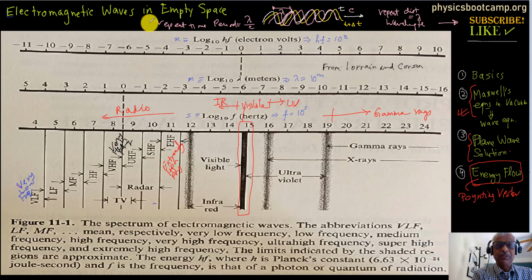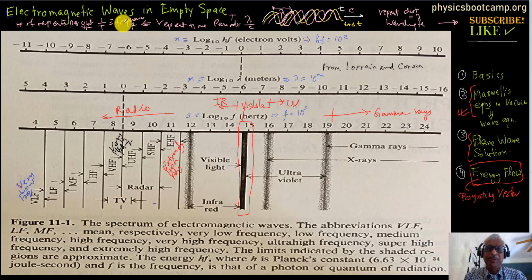And the inverse of the period is called the frequency. This is how many times it's going to repeat per unit time, the number of repeats, and this is called frequency.